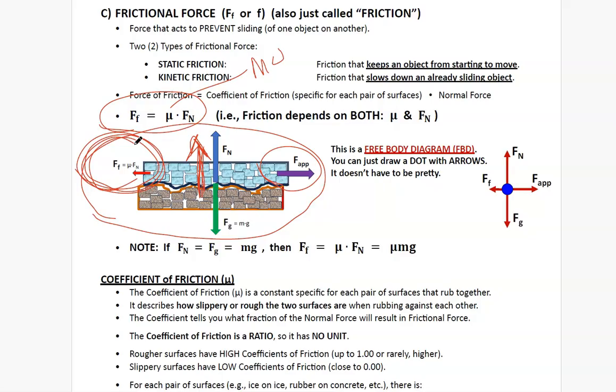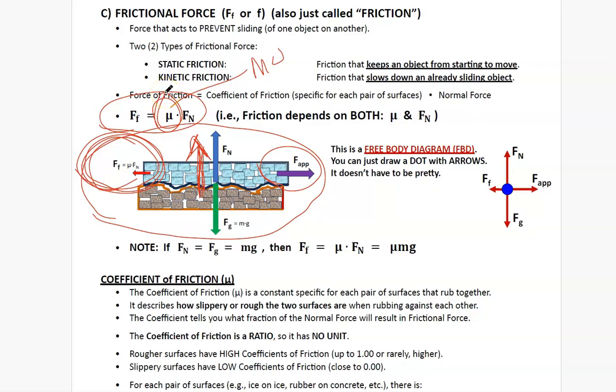You can think of it as a percent, but we don't write it as percent, we write it as decimal. But between a typical box on the floor and the floor, you might have a mu of 0.2. That means 20% of the normal force will be converted to create a frictional force. The normal force doesn't go away. It's just that frictional force is created as a result of the normal force and the coefficient.